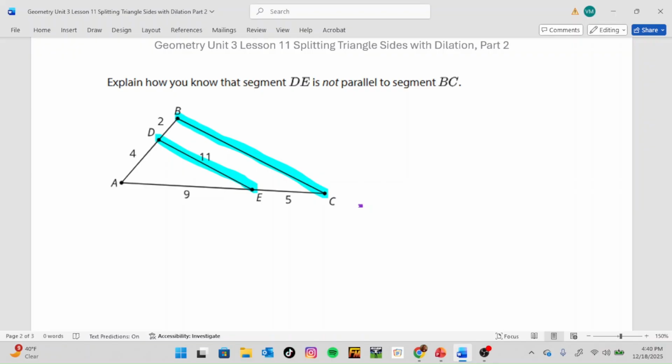If I take AB and I multiply it by a scaling factor, then I should get AD.